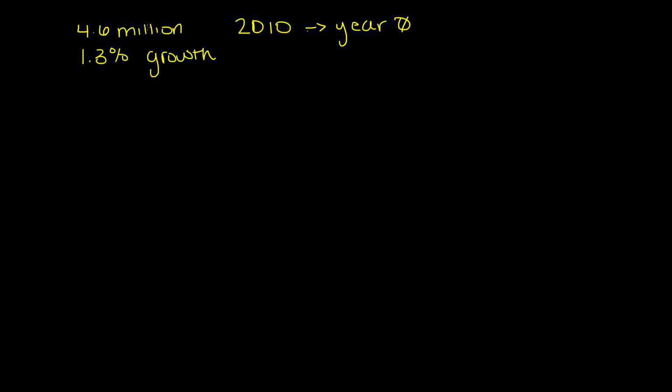So the first thing I'm going to look at is year zero, this is year, this is population. At year zero, we had 4.6 million. At year one, we're going to have that 4.6 that we had the previous year, and we're going to add the people who came about, which is the 1.3% of the babies.